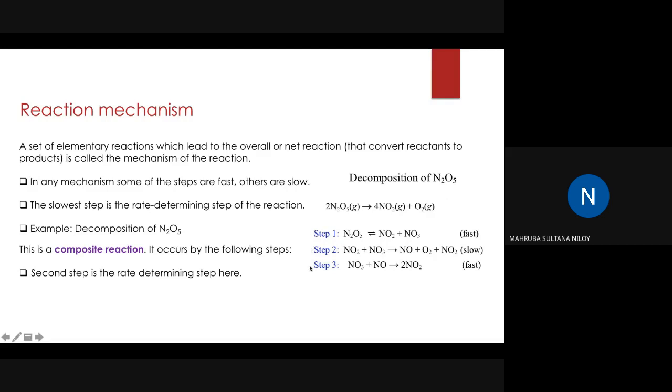And these are the mechanism of this reaction. Is it clear? If we break this equation step by step, then we get the mechanism of this reaction. So this reaction actually happens in 3 different steps. Is it clear?